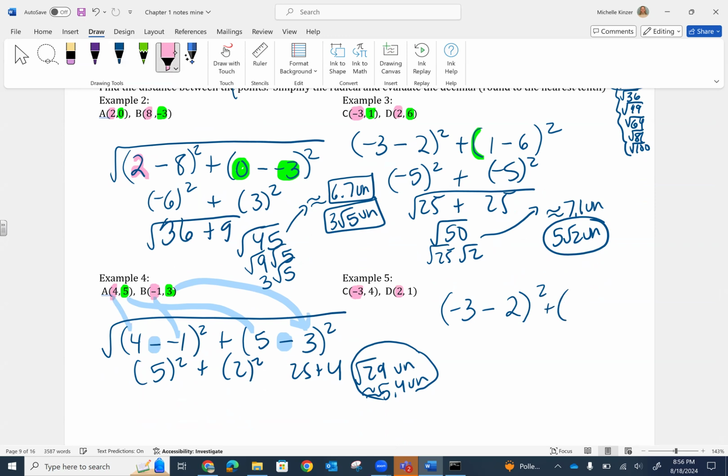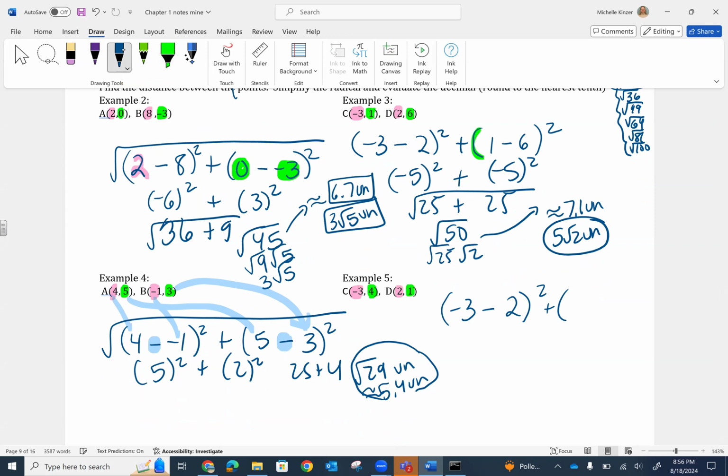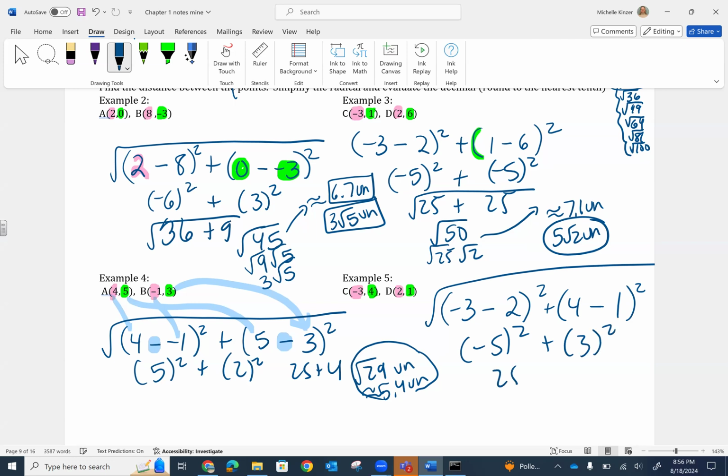Let's put down both y's, 4 and 1, and add a subtraction sign between it. That would be -5 squared, 3 squared, 25 plus 9. It's going to be 34. Guess what? Square root of 34 doesn't have a perfect square factor that goes into it. So square root of 34 units. And then if you do the decimal, it'd be about 5.8 units as well. So those are my 2 answers here.